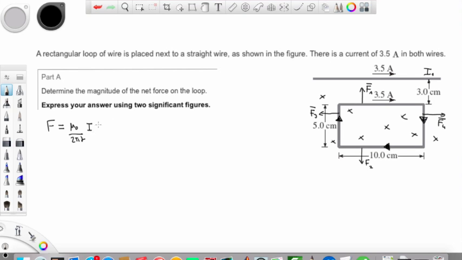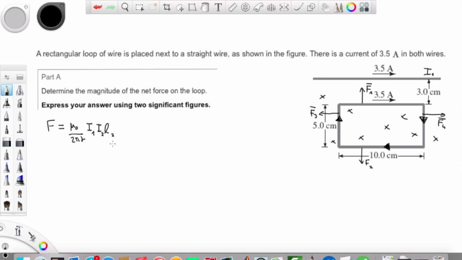So I1 and then the current in the other conductor, another I, and then the length of the conductor where the force is acting. So okay, let's put these indices here anyway just for clarity. So 2 refers to the target conductor and 1 is the one that produces the field.